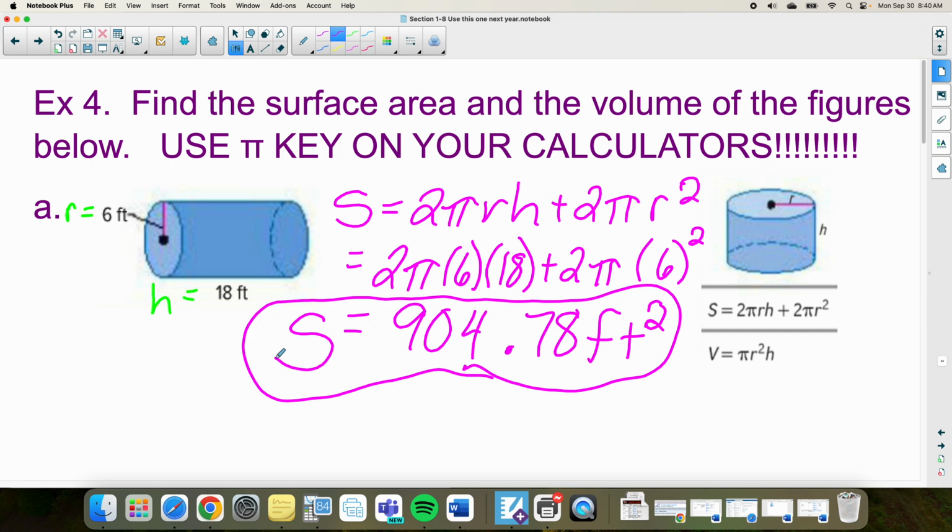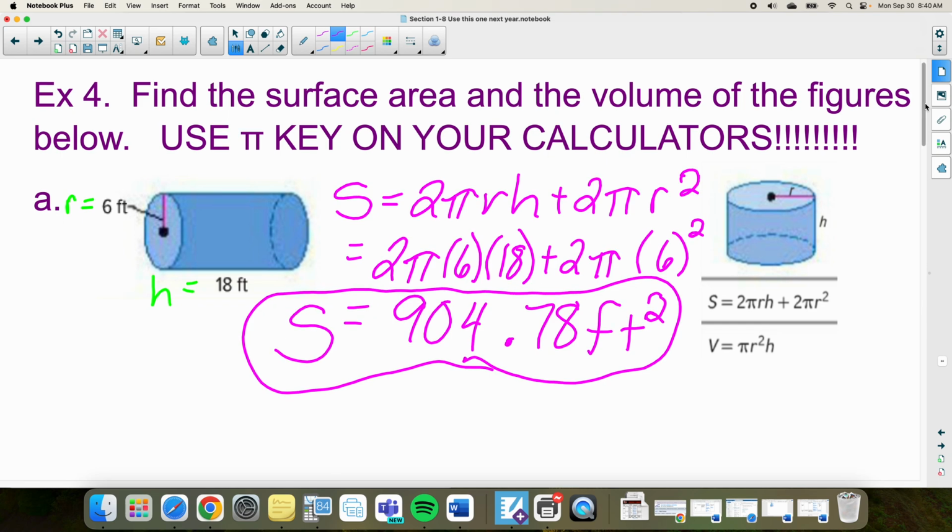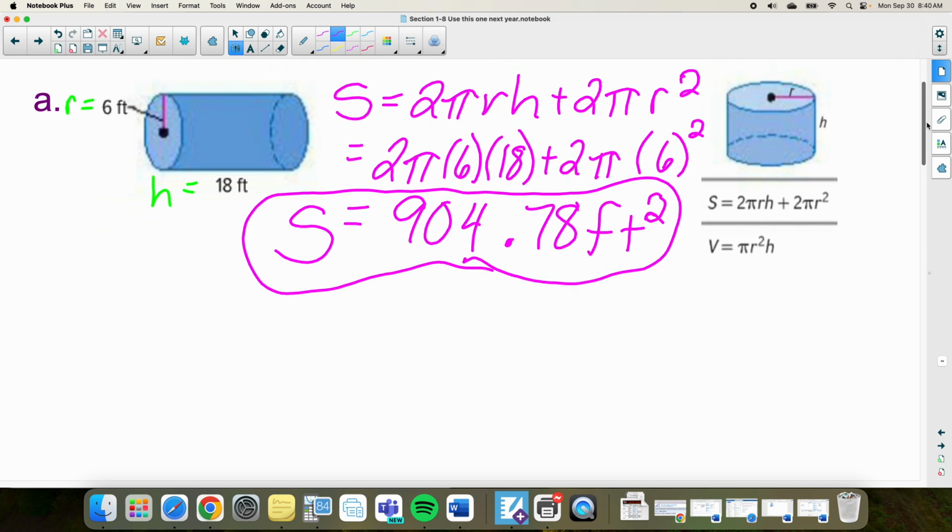Now, generally the volume is even easier. It's a shorter formula. So let's go ahead and do our volume. The volume formula is right here. It is pi r squared h.